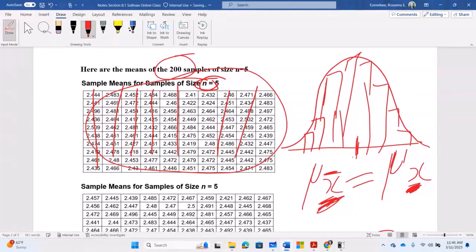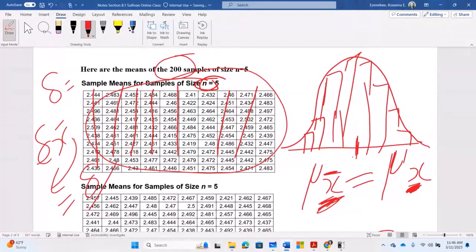The central limit theorem also says that the standard deviation of the original data is sigma, but the standard deviation of the mean distribution, sigma x bar, is equal to the standard deviation of the original data divided by the square root of the sample size.